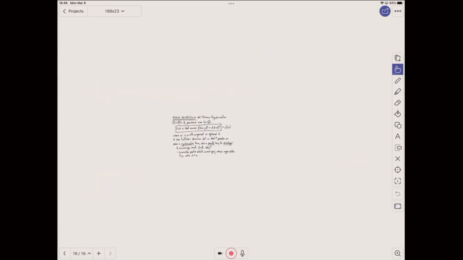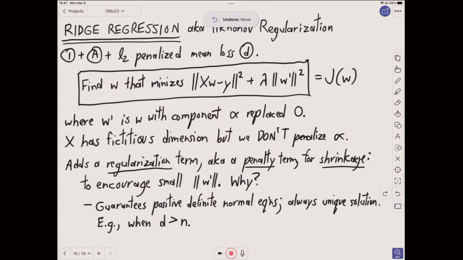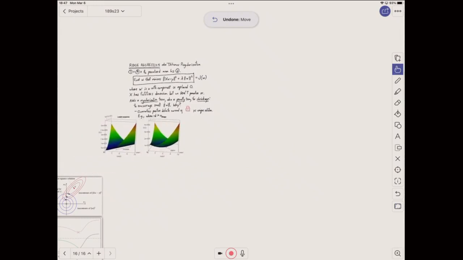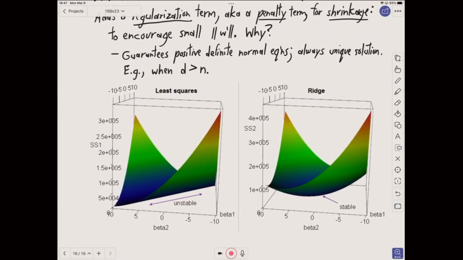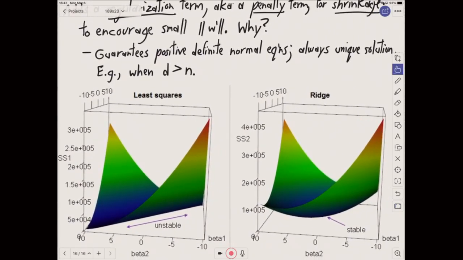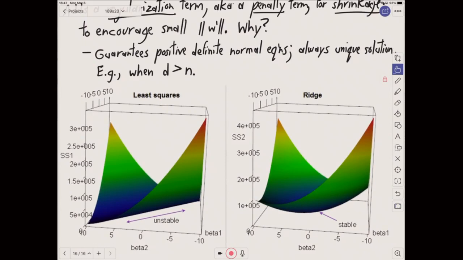And I'd like to show you what that looks like in graphs. So here's an example where on the left-hand side is a graph of a least squares cost function. On the right-hand side is a ridge regression cost function for the same data. In the example on the left, the main thing we notice is that this is not a quadratic form of a positive definite matrix.